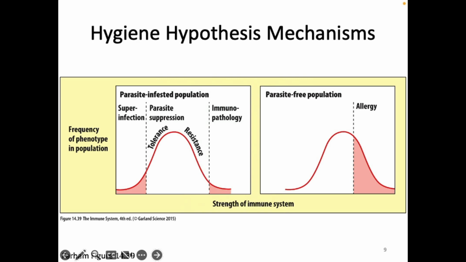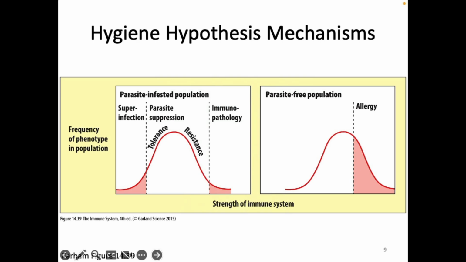But if our whole population has a stronger immune system because they didn't have parasites immunosuppressing them, then a larger fraction of us are going to be in this excess immune response category. And so maybe it's not about Th1, Th2 balance. Maybe it's about general immunosuppression going on. That was one idea that people started thinking about.